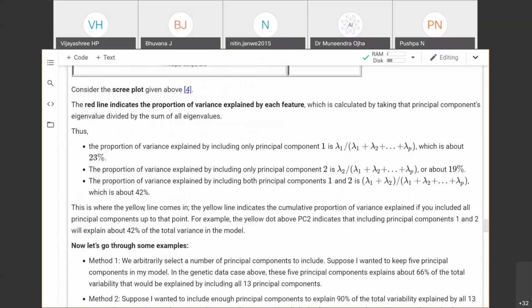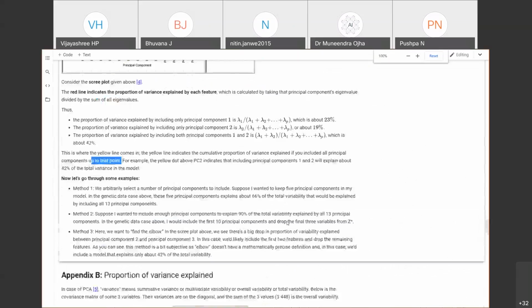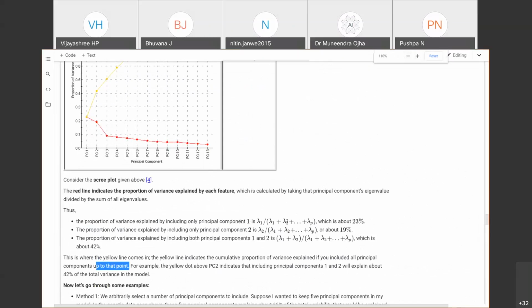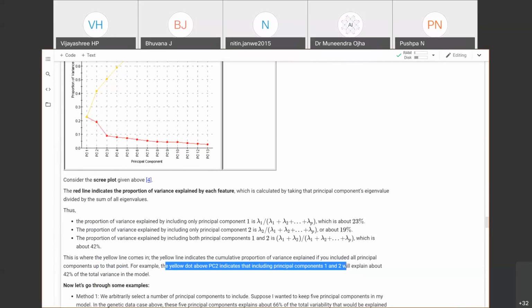And this is where the yellow line comes in. The yellow line indicates the cumulative proportion of variance explained if you have included all principal components up to that point. So for example, the yellow dot above PC2 indicates, if I just unzoom it, you see, the yellow dot above PC2 indicates that including principal components 1 and 2 will explain about 42%.